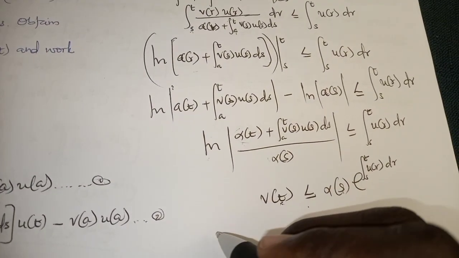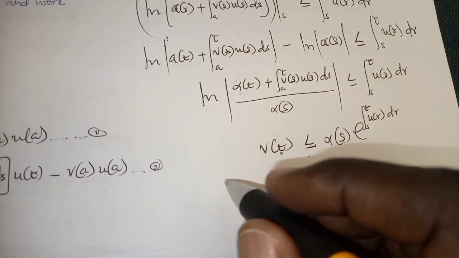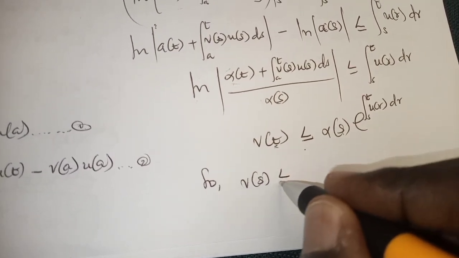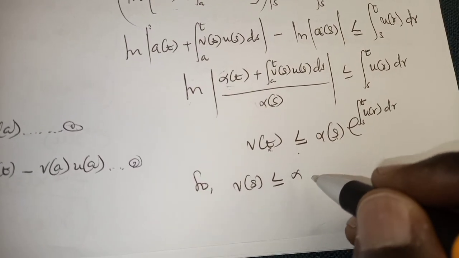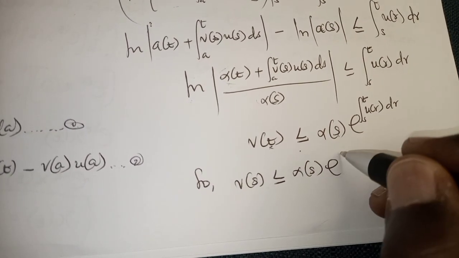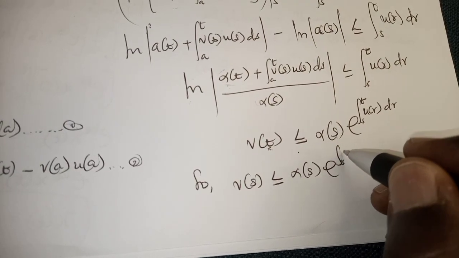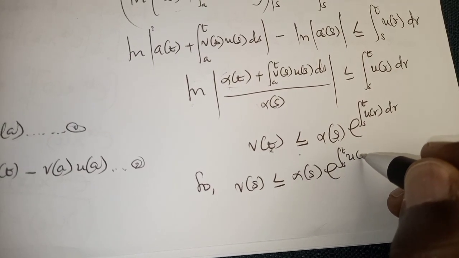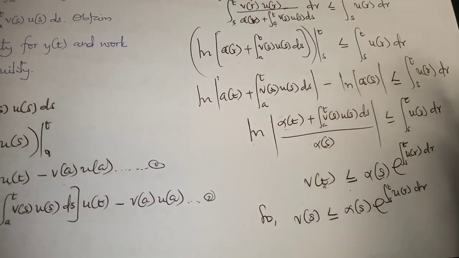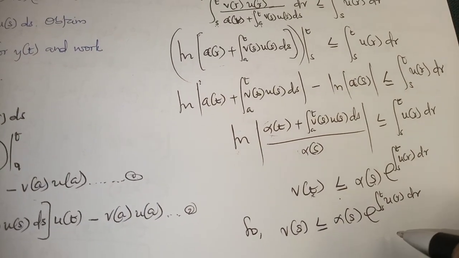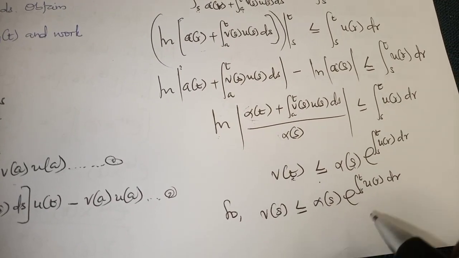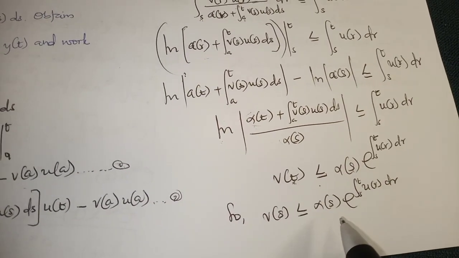So we have v of s less than or equals to alpha of s e exponent s to t u of r dr, and that easily ends our proof.